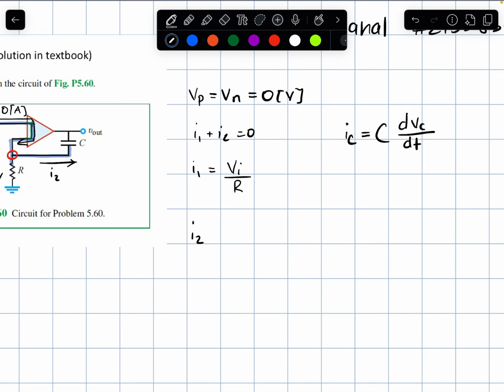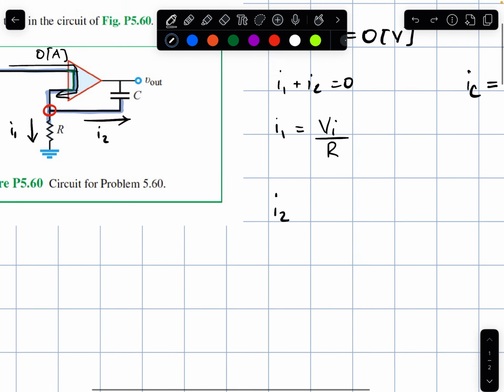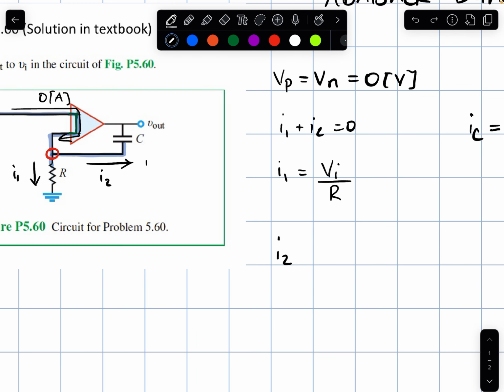But here we have two nodes with assumed separate voltages, so we would have to write it like, because we're going from the currents running that way, higher potential to lower potential, it would be capacitance times the derivative of Vi minus V out over dt. So we'd have to write it like that.